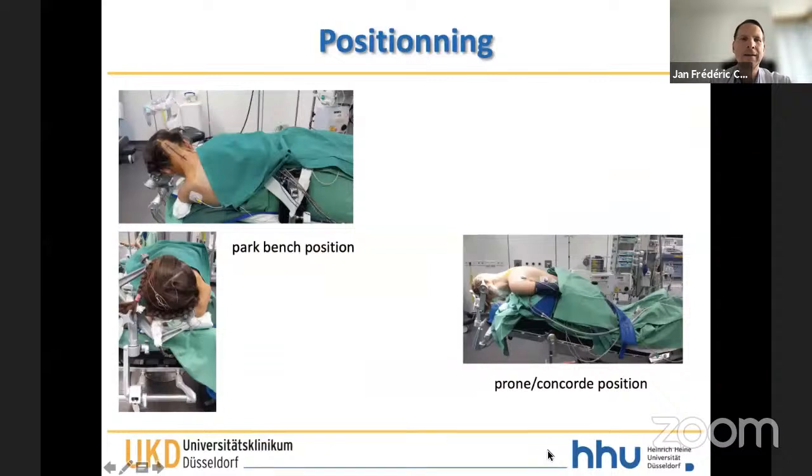And so this is here on the left side what it looks like. So the modified park bench position, and here with the head looking down to the floor, and the shoulder slightly retracted downwards.